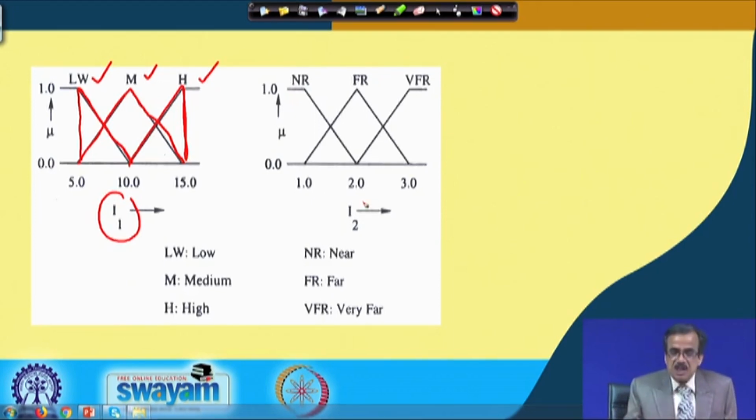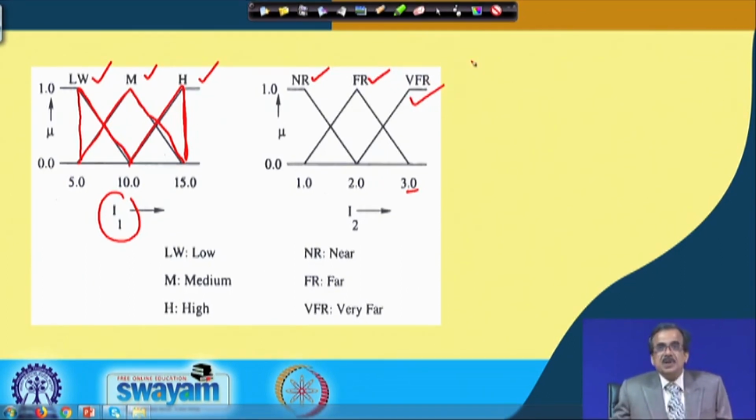Similarly for I 2, the second input variable, the whole range starting from 1.0 to 3.0 is divided into 3 linguistic terms. That means 3 linguistic terms are used to represent I 2. One is NR, the near, FR stands for far, and VFR is very far.